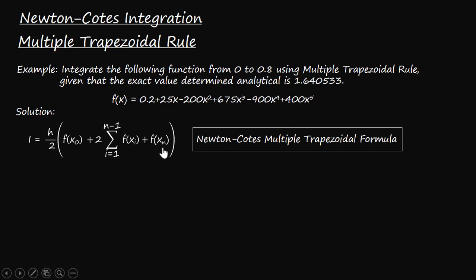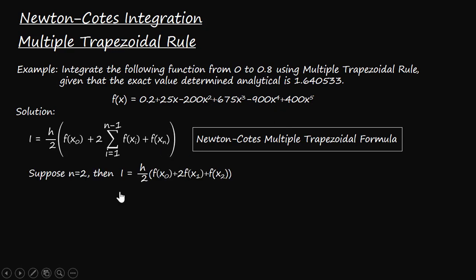So we'll consider n equals 2 here, right? This formula can be written as h upon 2 into f of x naught. We'll substitute 2 here, that will be 2 minus 1, that is 1, so we'll consider only i equals 1, that can be written as 2 times f of x1 plus f of xn, because n equals 2, so we'll write f of x2. Now this is the formula corresponding to n equals 2.